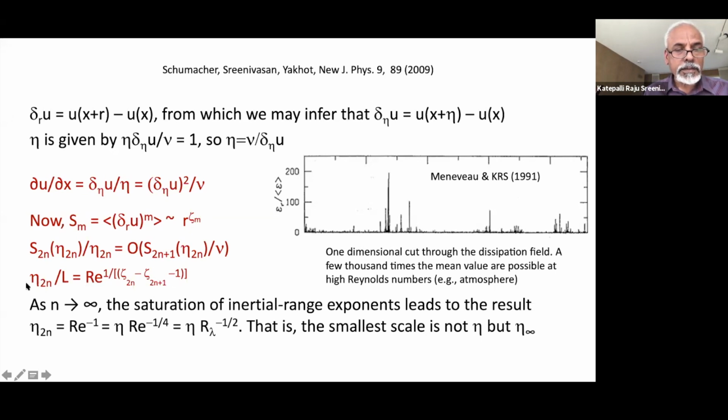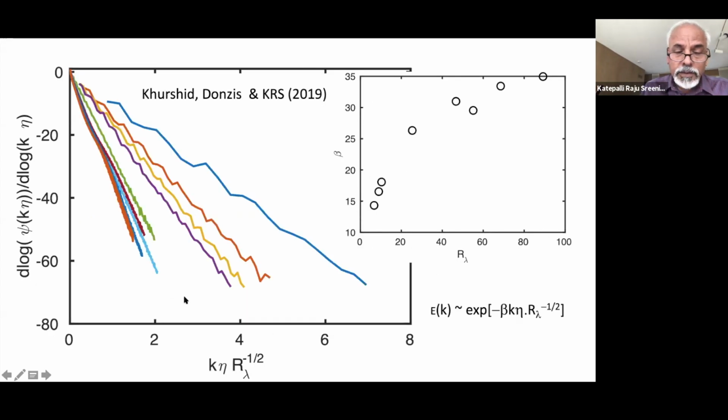And I have the relation that eta 2n for large 2n becomes Reynolds number to the power minus 1, which is the Kolmogorov scale raised to the power times Reynolds number to the power minus quarter, or microscale Reynolds number to the power minus half. So the smallest scale in the flow is not really the Kolmogorov scale, but this eta infinity, the quantity when n tends to infinity. And that's the quantity that I use.